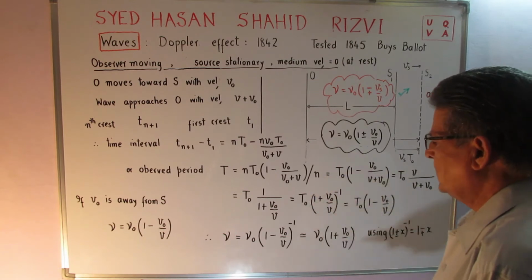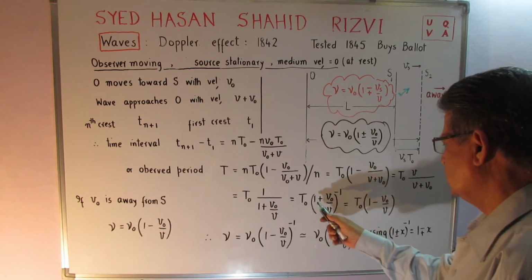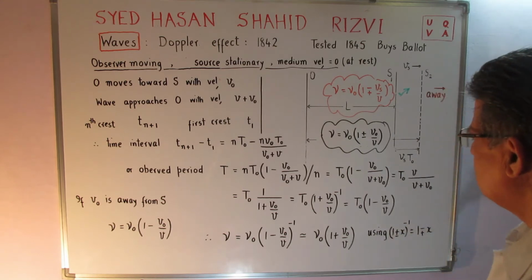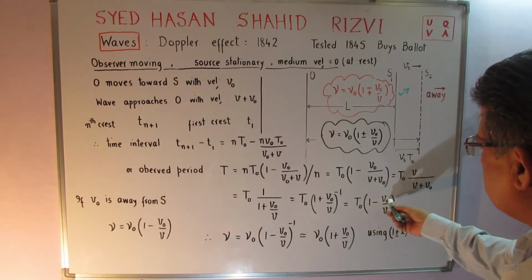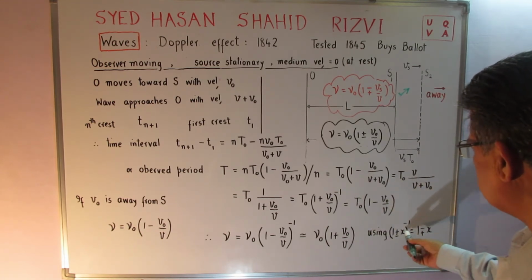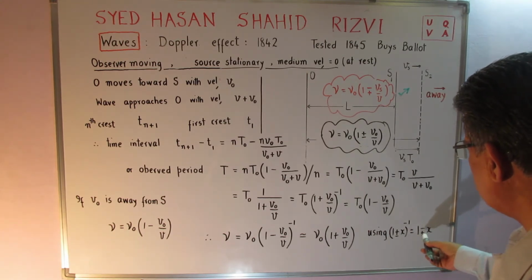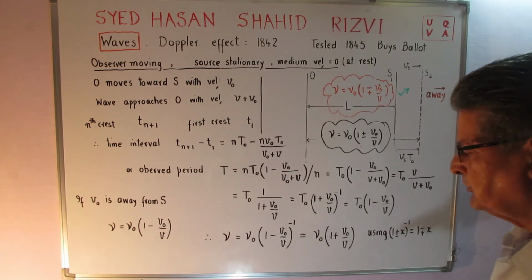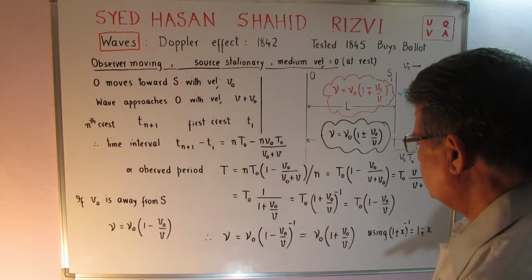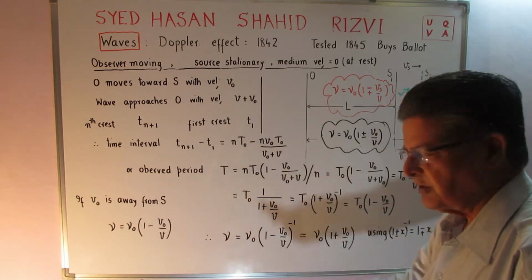This is in the denominator, so this comes as (1 plus v naught upon v) raised to the power of minus 1, which will turn out to be equal to t0 (1 minus v naught upon v), using the identity that (1 plus/minus x) raised to the power of minus 1 is approximately equal to 1 minus/plus x, in case x is very, very small as compared to 1.